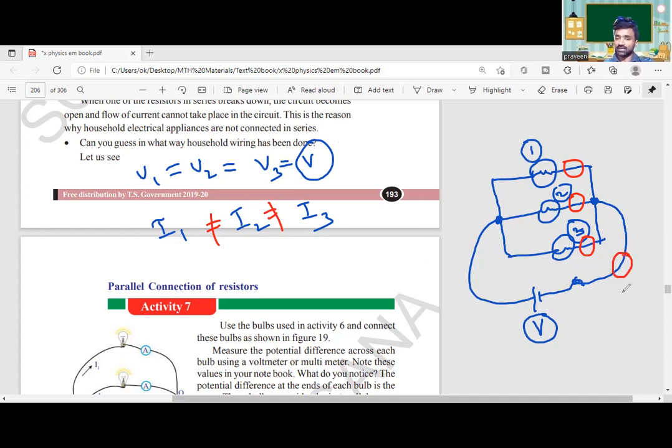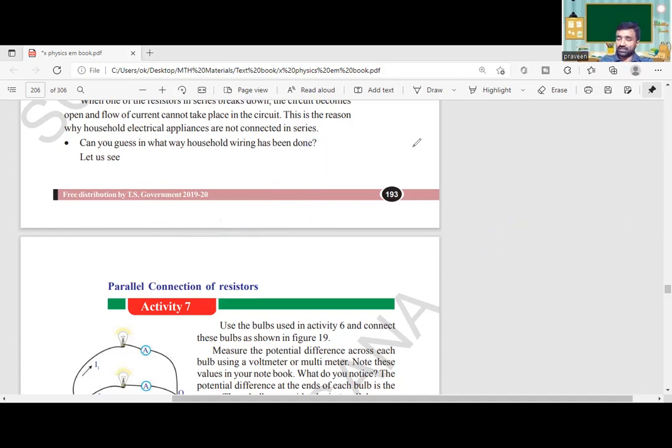That current is taken as I. So measuring the four values, try to establish a relation between the currents I1, I2, I3, and I. After measuring, you observe all four currents give different values; one is different from the other.